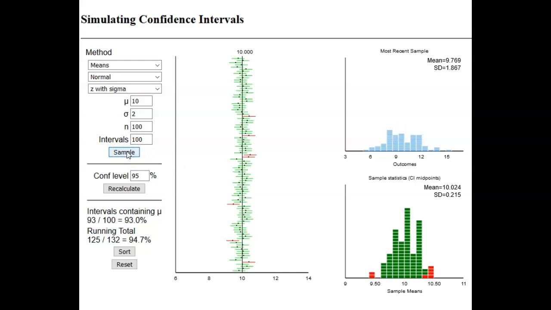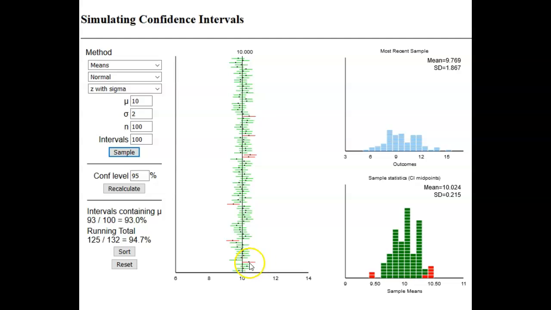All right, so now we have 100 confidence intervals that we've just created. You can see that many of them have trapped the true population mean of 10. There are these red ones, however, now. So you can see that some of the confidence intervals did not trap the population mean within the interval.